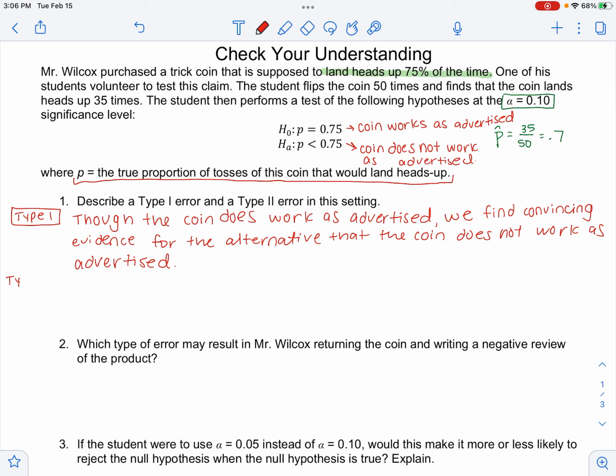All right, for a type 2, that is where the alternative is true, but we fail to reject the null.